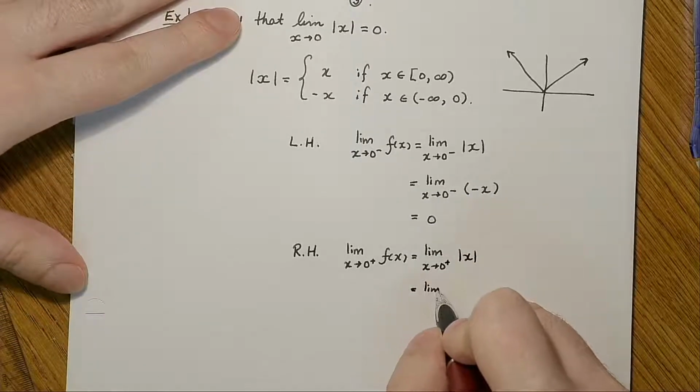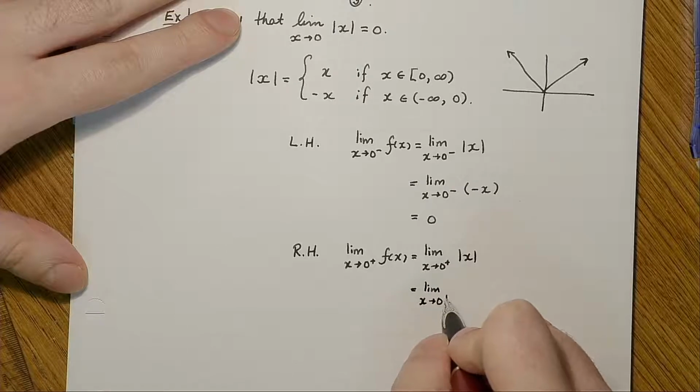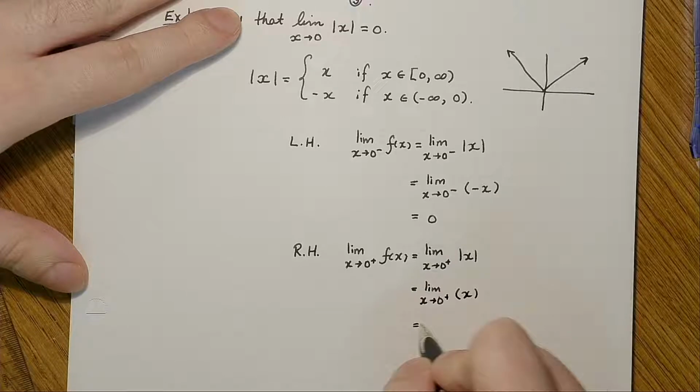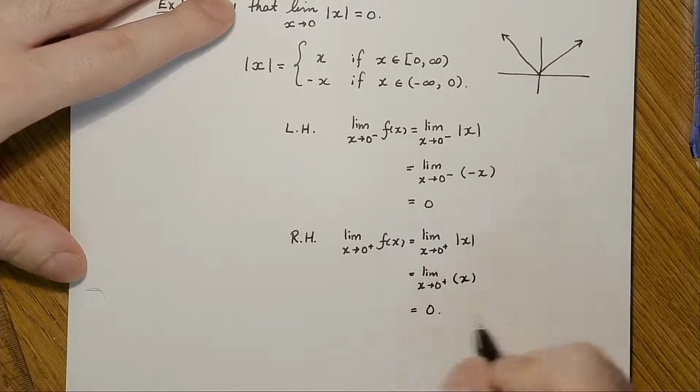So same idea, the limit as x goes to 0 on the positive side is just x. Subbing in our 0, it is equal to 0.